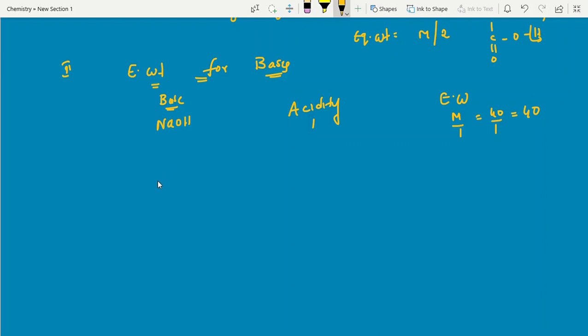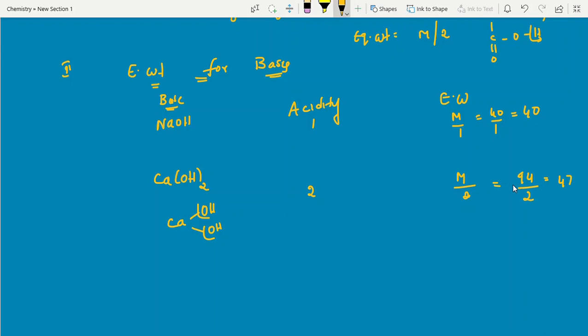Next, what about calcium hydroxide? For all first group hydroxides, acidity is 1. Next, calcium hydroxide, how many easily replaceable hydroxyls? If you write the expanded form, you will come to know. 2 here. So this is M by 2. Calcium hydroxide, what is the molecular weight? 94 by 2. What is the answer? 47. So like this, we can calculate. Next, I am giving one more example here, aluminium hydroxide.